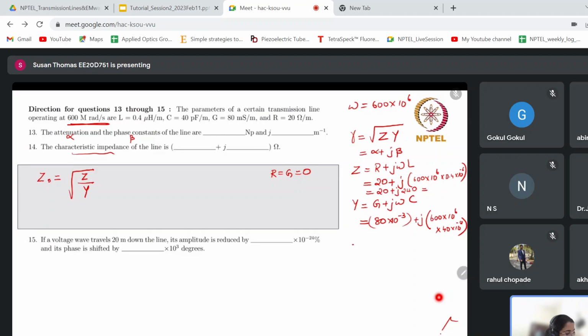Okay. 0.08 plus j into 0.024. So this Z and Y converted from rectangular to polar.